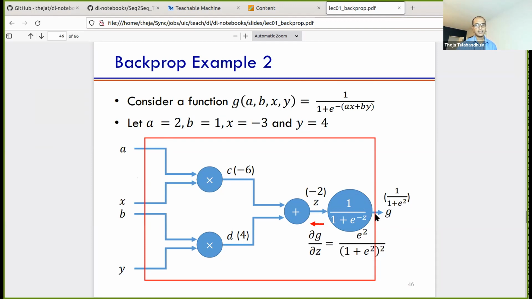The local gradient of g with respect to its input is e squared divided by (1 plus e squared) the whole squared, times the incoming gradient. The gradient of g with respect to itself is 1. For example, in this multiplication node, what is the local gradient? The gradient of c, this intermediate edge, with respect to a is x, and the gradient of c with respect to x is a.